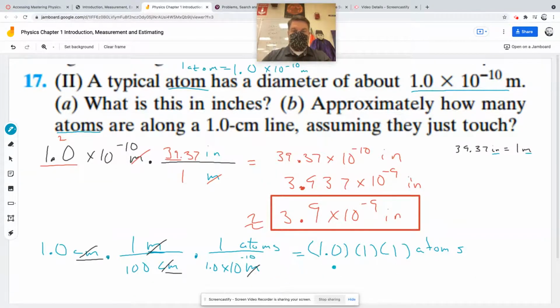Then on the bottom here, I have 100 times 1.0 times 10 to the negative 10.